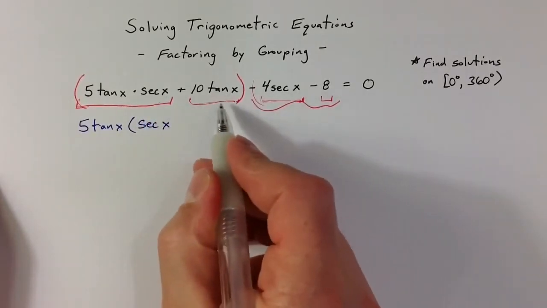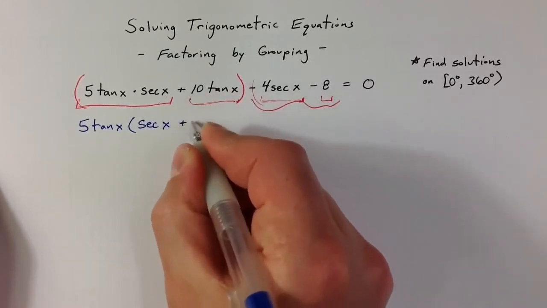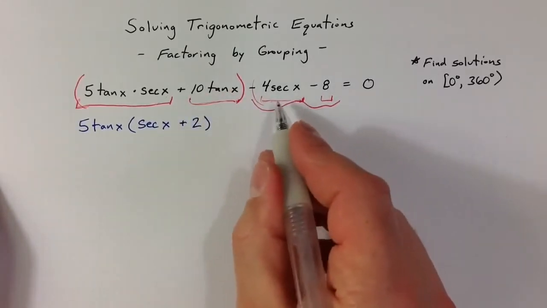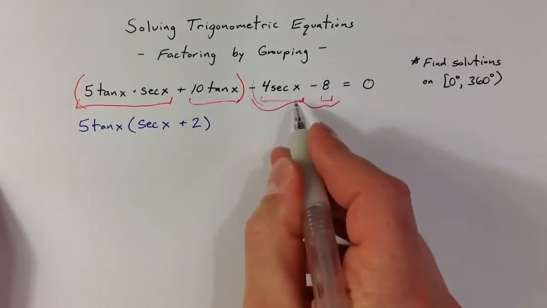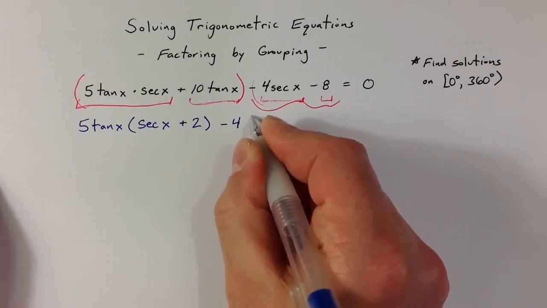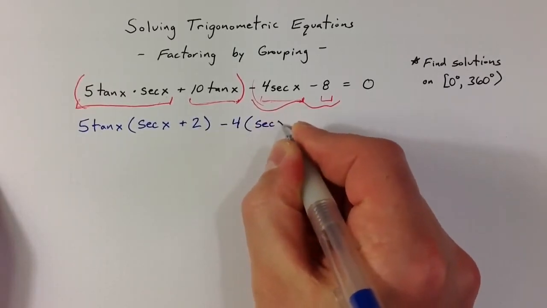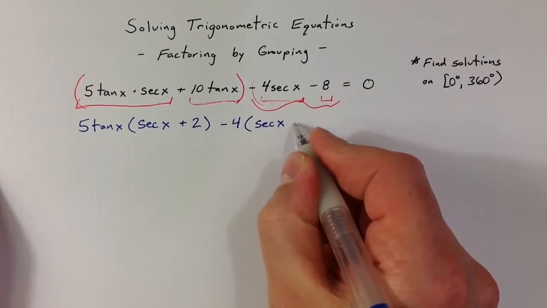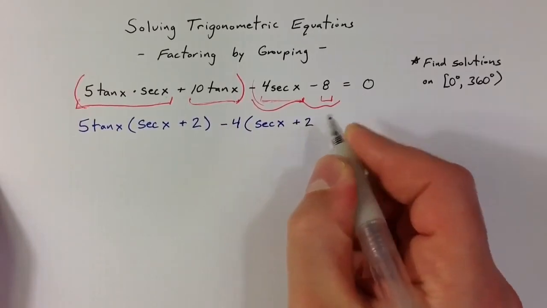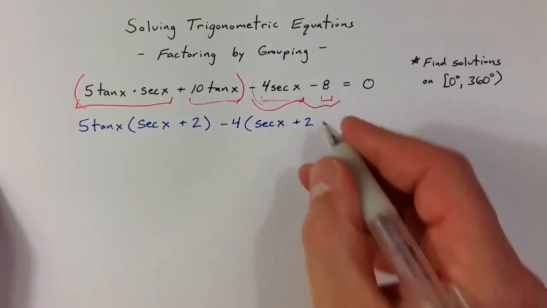What's left behind from the second term is a 2, because 5 times 2 is 10. In the second group, I can factor out a negative 4, and that leaves behind a secant from the first term, and then a plus 2, because the negative 4 times positive 2 gives me negative 8.